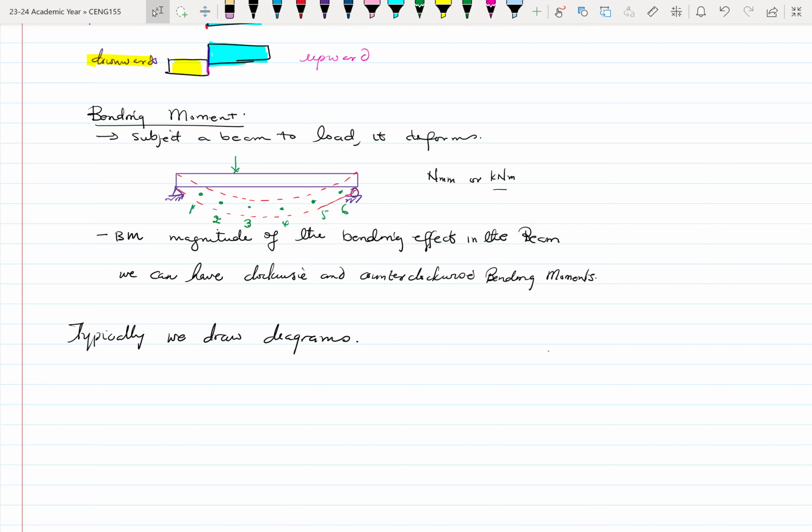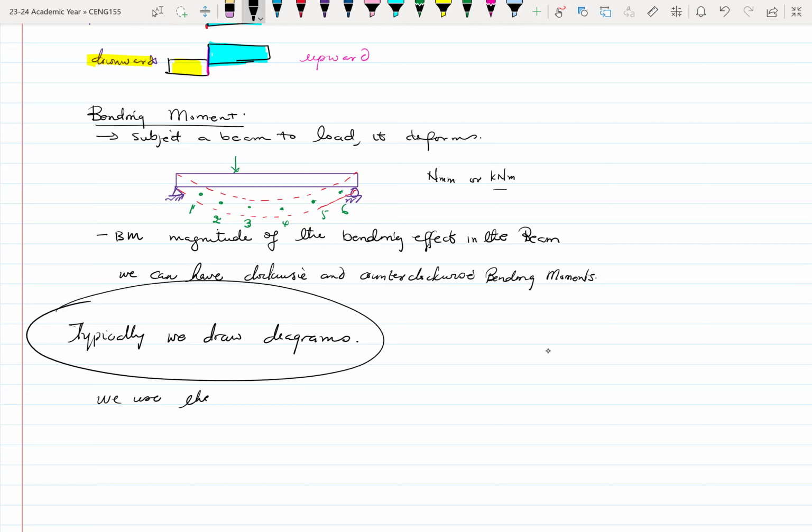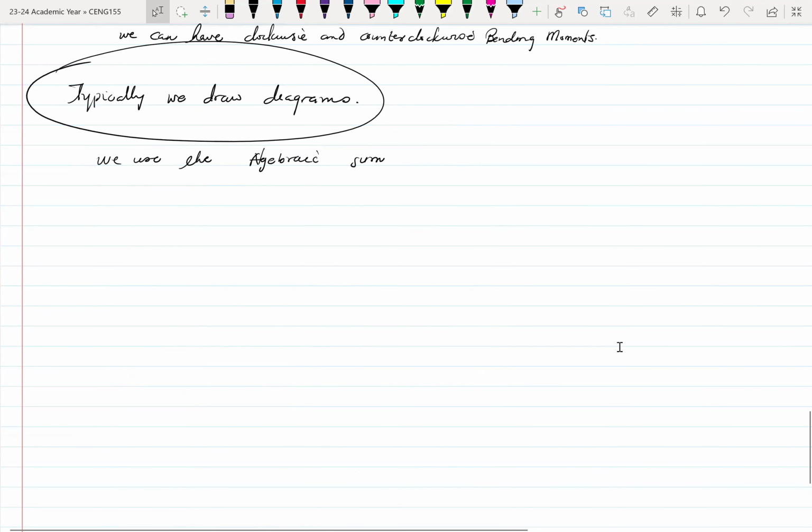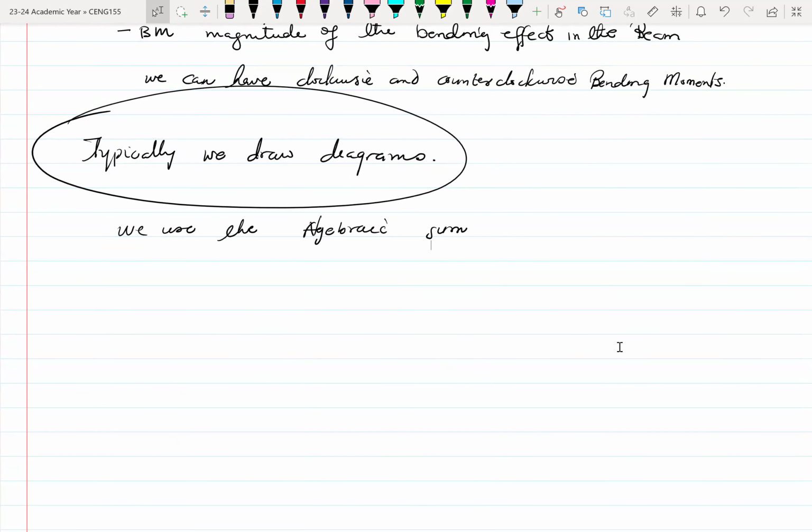The way we calculate these values is that we use the algebraic sum. Whether it's axial force or shear force, for example, the algebraic sum.